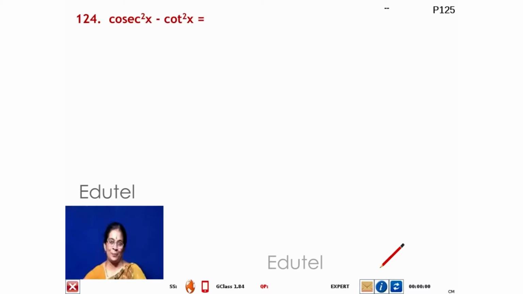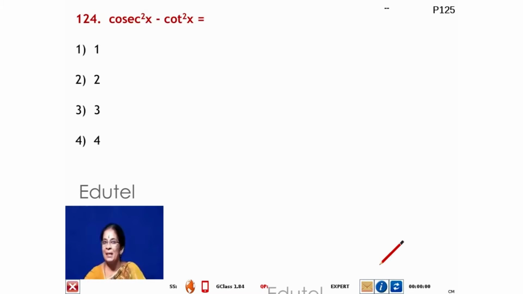Coming to the next question. Here, cosecant square x minus cot square x. What is it equal to? It is the direct trigonometric identity. So you can take the value for cosecant square x minus cot square x is 1. Actually, when you are writing in your book, you need not write the whole question as I have written on the board.